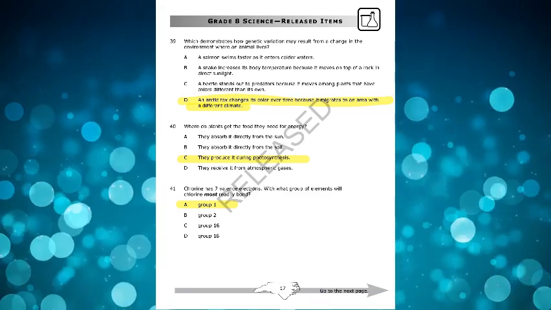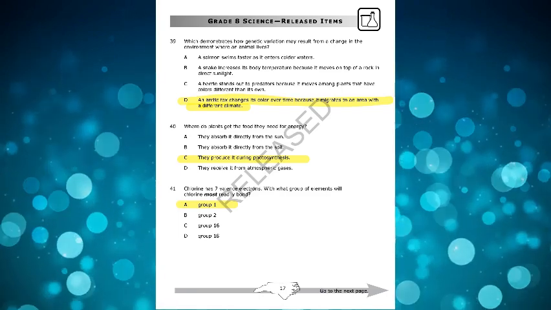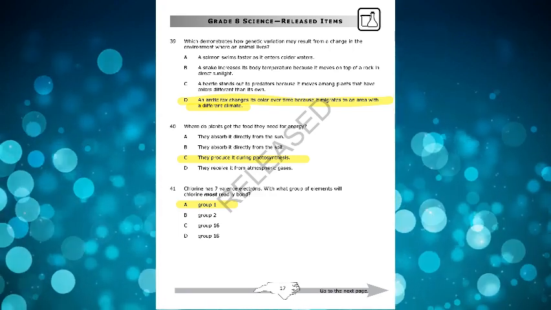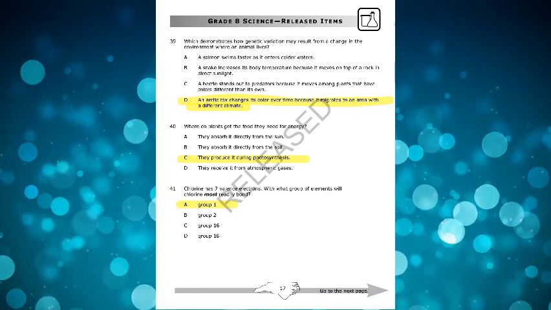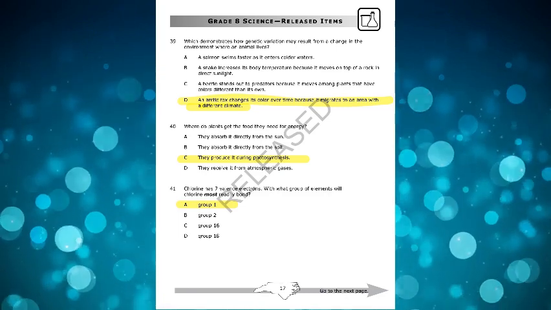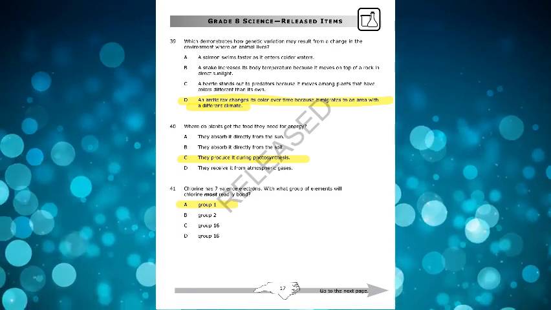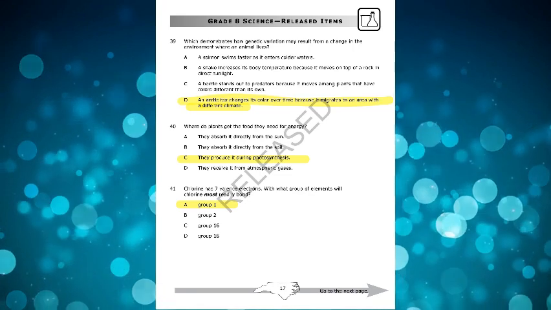And so we've got here D, an Arctic fox changes its color over time because it migrates to an area with a different climate. And so, again, it needs to be able to blend in with its environment. The fact that it is able to change in accordance to where it's at is definitely helpful. And that could be a genetic variation there for sure.